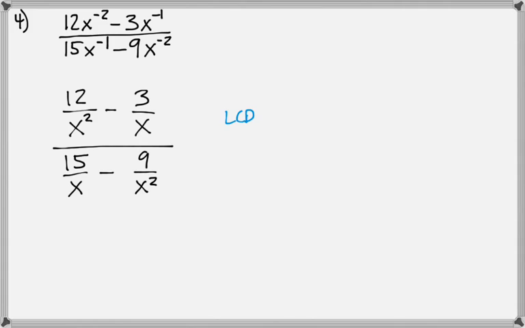And really my LCD is just going to have x's in it, and it's going to be an x squared. And I want to multiply each of these by the LCD itself over 1. Okay, so I want to cancel everything out.